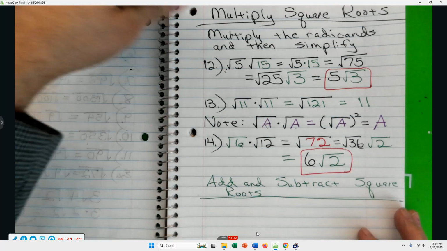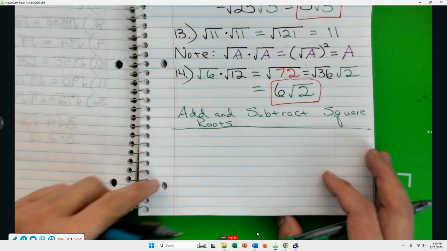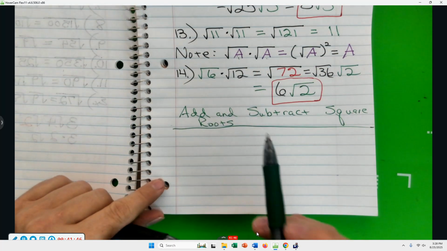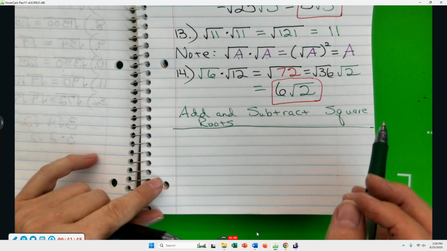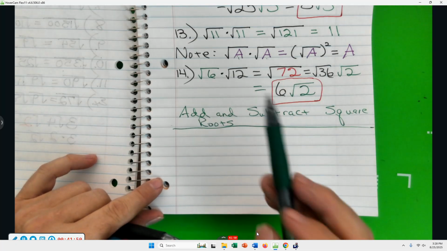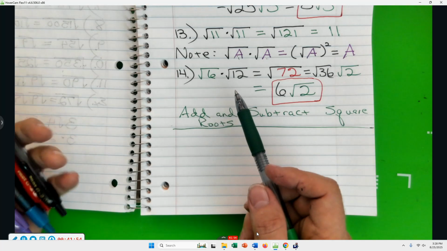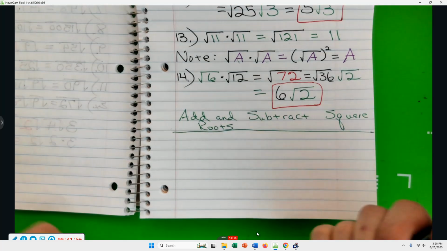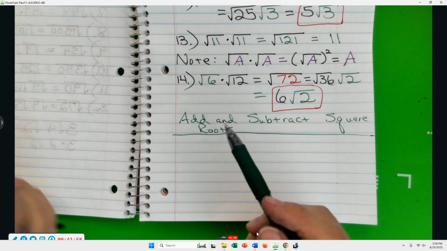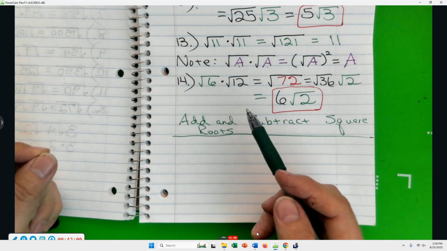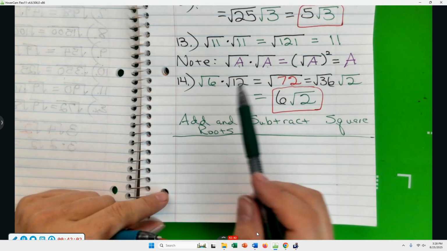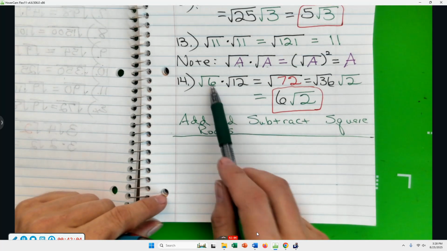To add and subtract square roots, you need to have what are called like radical terms. Like radical terms have the same type of radical, in our case a square root. You can't have a square root plus a cube root, but you have to have the same type of radical, and you have to have the same radicands.